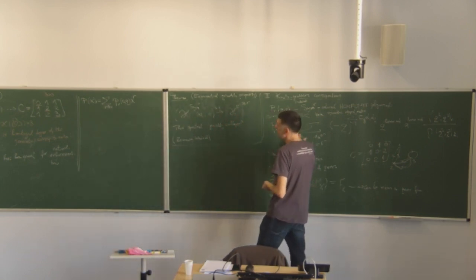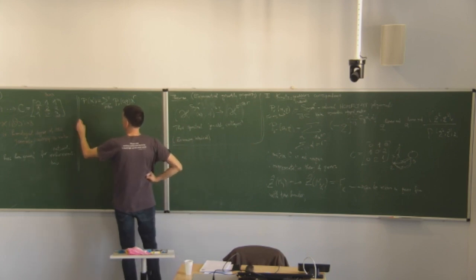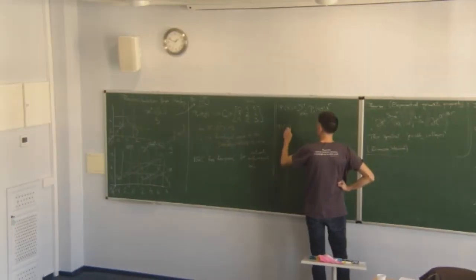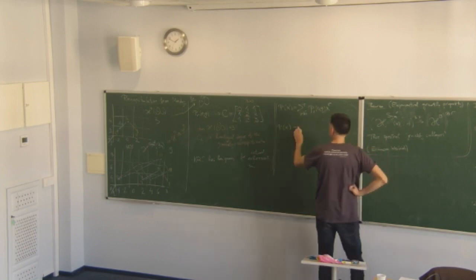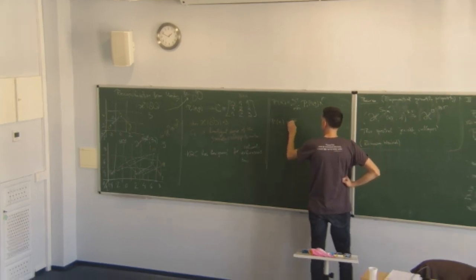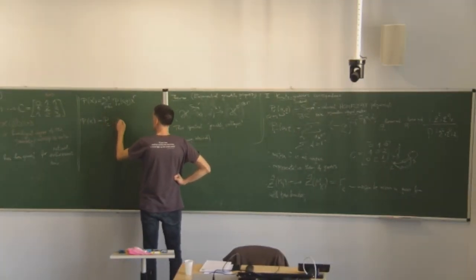So you can write p of x as a certain sum corresponding to some quiver or some matrix, which now depends on as many variables as quivers.